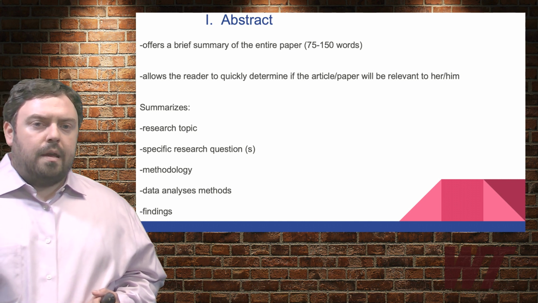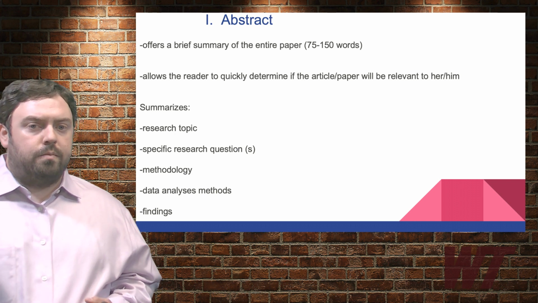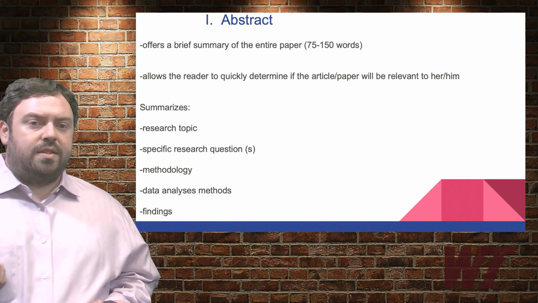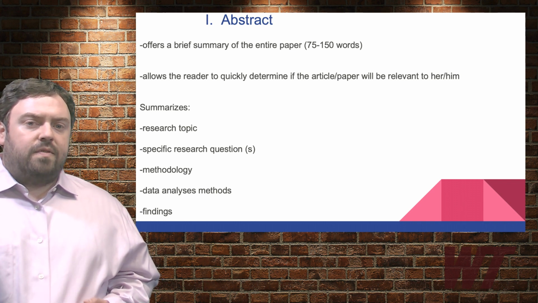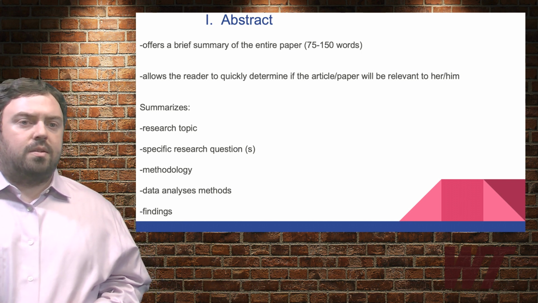Academic researchers, when they're doing their literature review, when they're reading articles on the topic, want to quickly scan to see if this journal article will be relevant to their research. And so that's why the abstract is important.